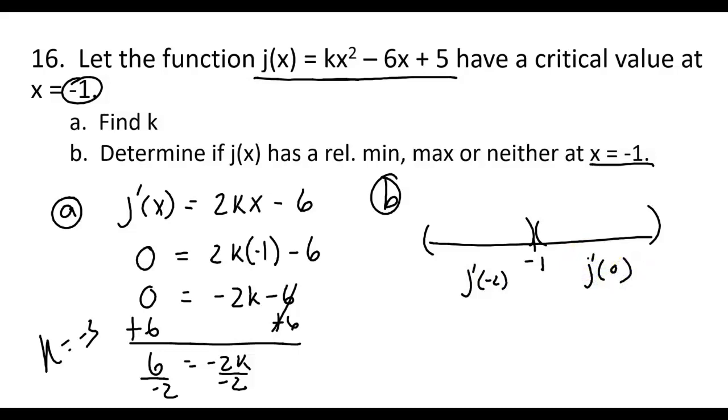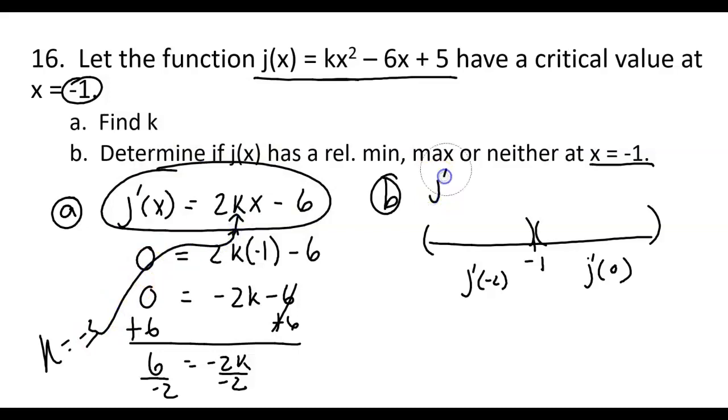Now, we wouldn't be able to do this if we hadn't found k earlier, because here's my derivative, but now I know what k is, so I'm going to plug that in here. I'm going to plug in -3, and that gives me j prime of x is equal to -6x minus 6.